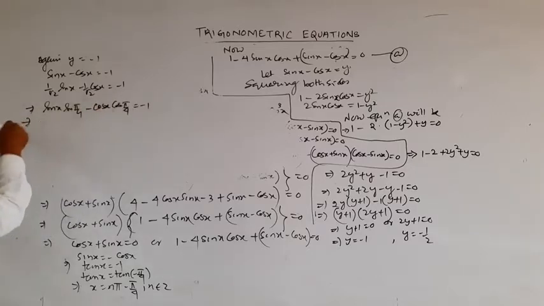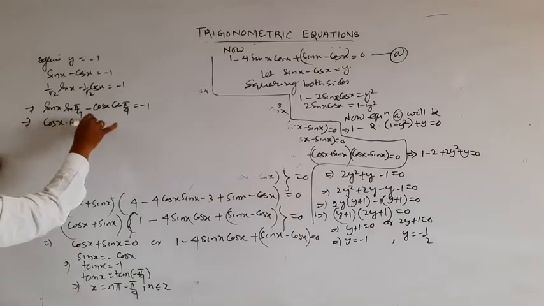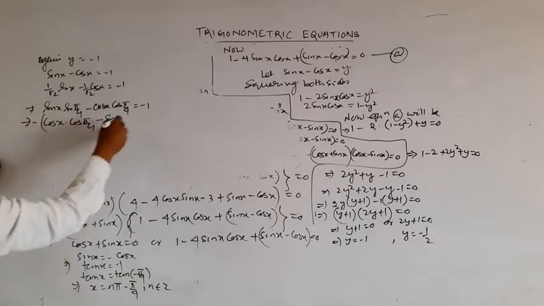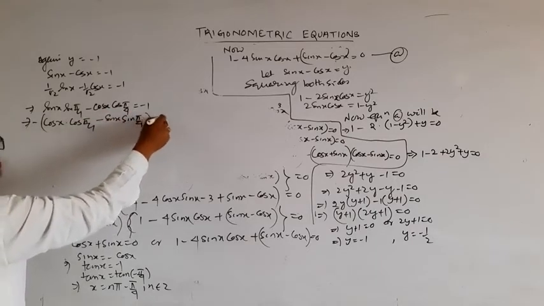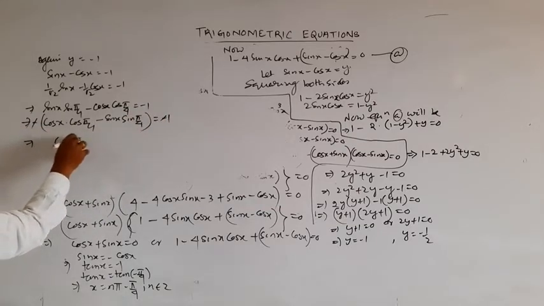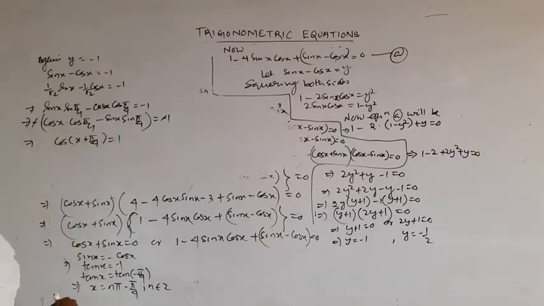So, take minus common: cos x into cos pi by 4 minus sin x into sin pi by 4 is equal to minus 1. So minus minus cancel, that is cos of x plus pi by 4 is equal to 1. 1 means cos 0.